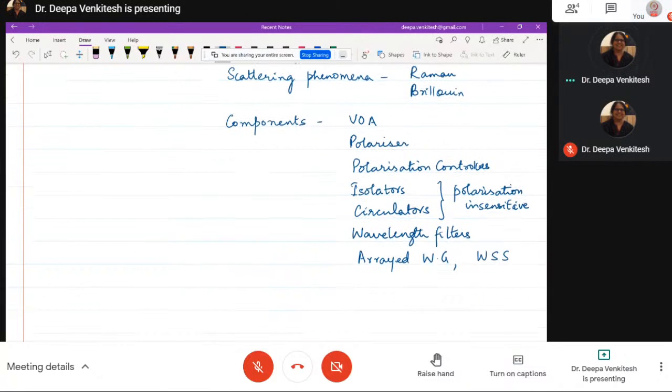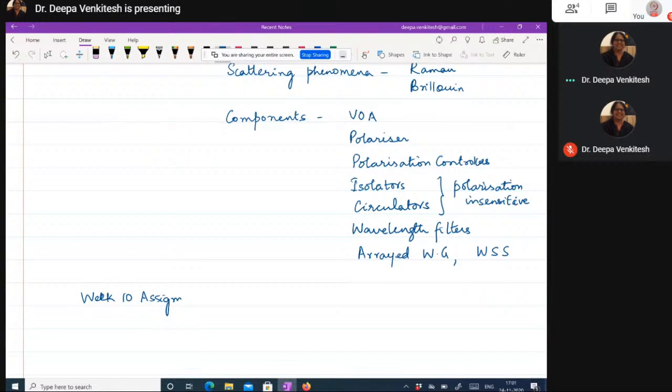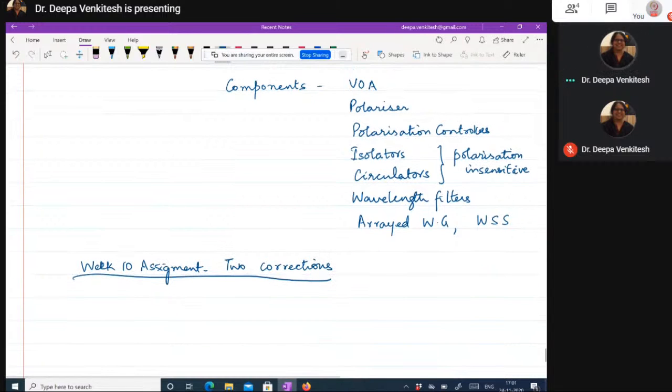In the week 10 assignment, there are two corrections. These are typographical errors. Somebody had pointed out, so I'm just making the corrections.